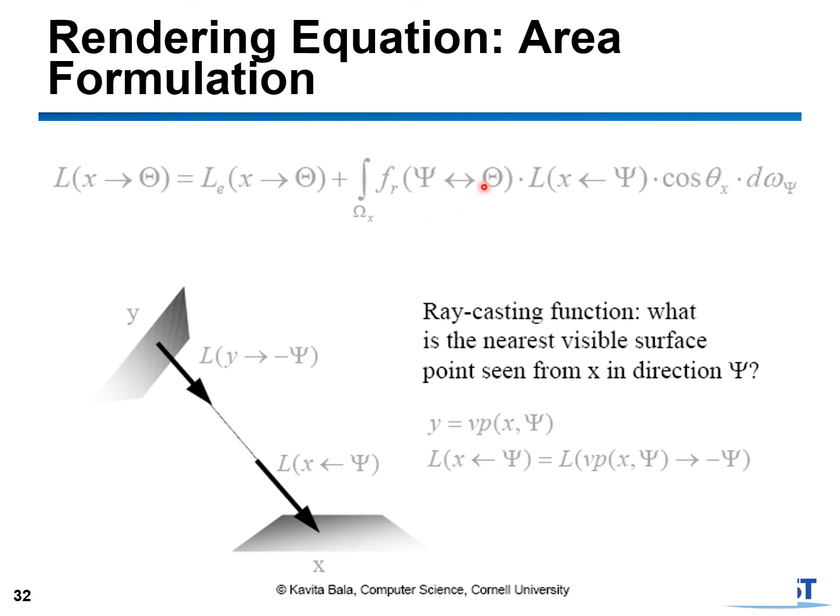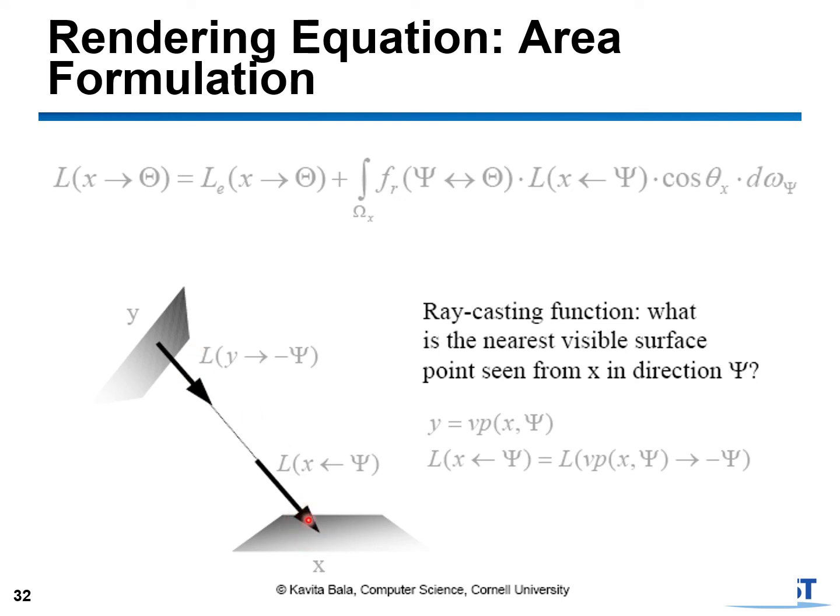Here we just consider all possible solid angles, right? Before, we talked about the incoming radiance to x in the direction of psi, but we are just using ray tracing.